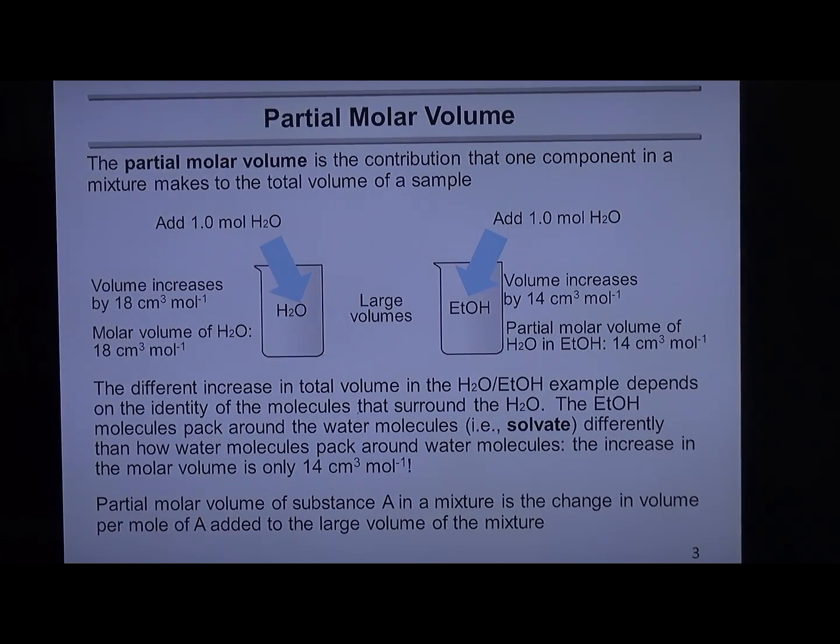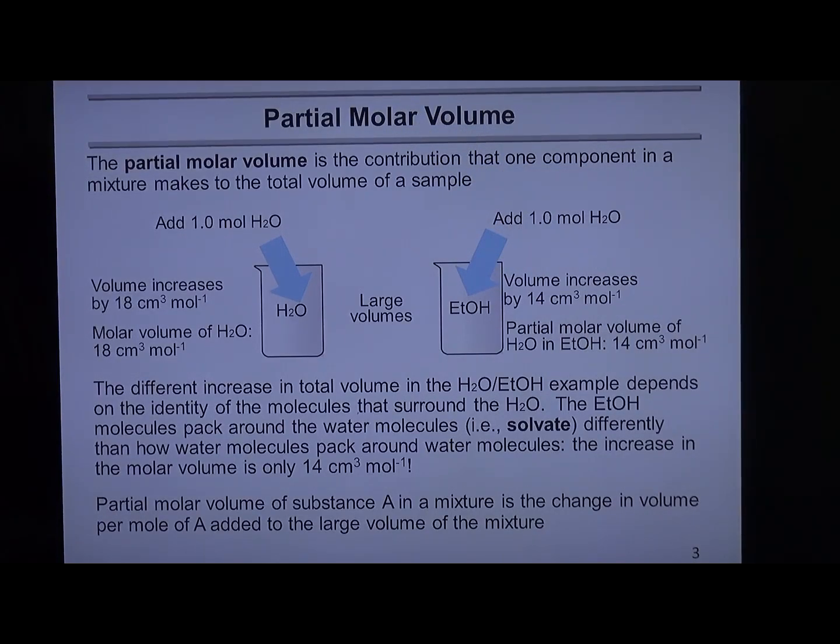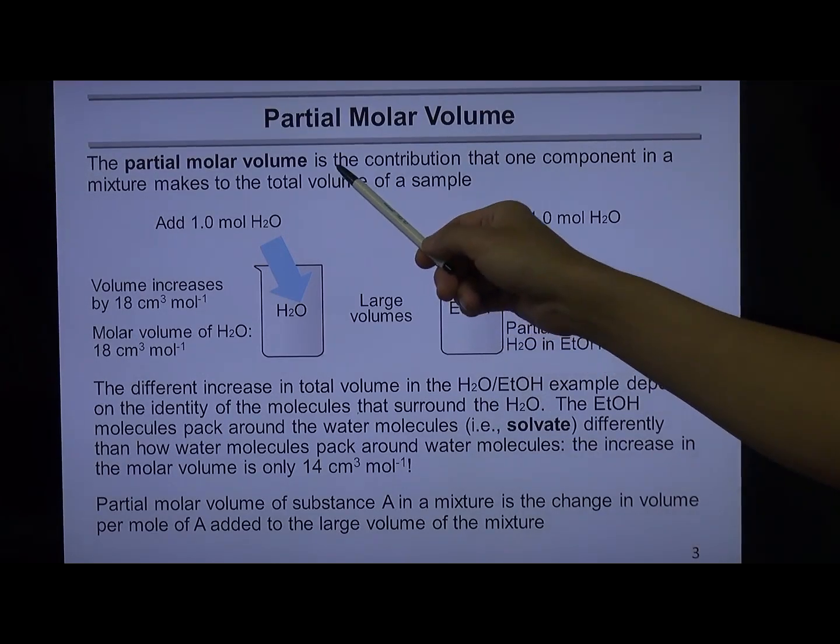And for mixtures, there are interesting properties, including partial molar quantities. One representative example of partial molar quantities is partial molar volume. So let's see what exactly partial molar volume is. The definition of partial molar volume is described here.